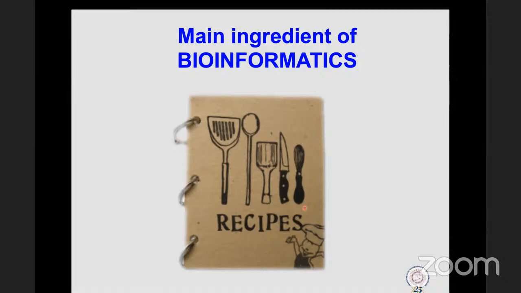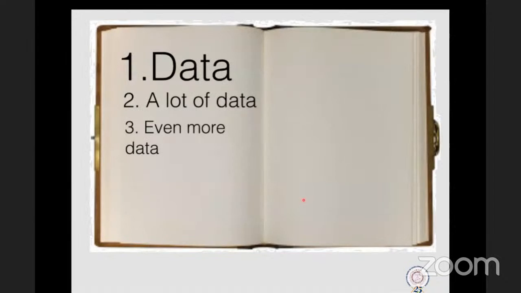So the main ingredient, as she said, is data, and even more data. If you have a huge amount of data, then informatics comes into the picture and makes the scientist's or researcher's life easy. For the analysis part, if that data is complex, new algorithms can be designed to explore the data.